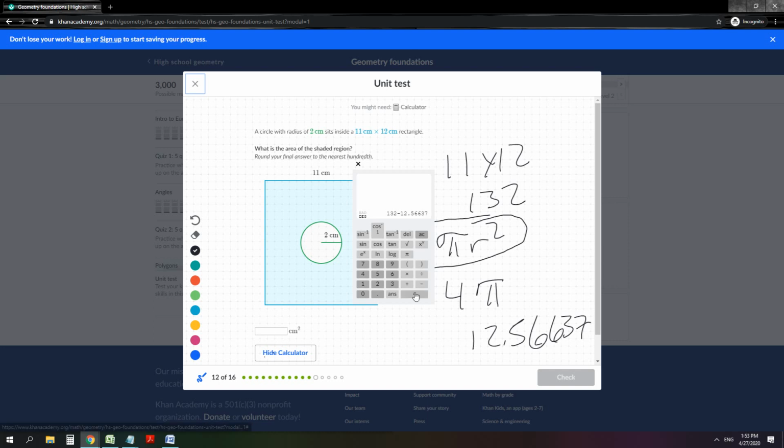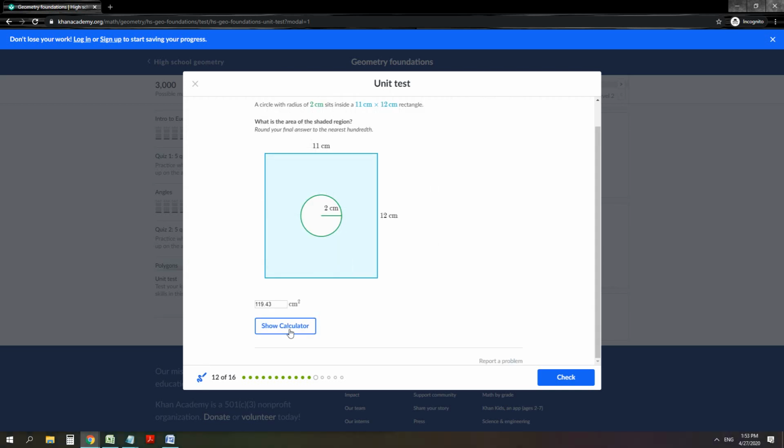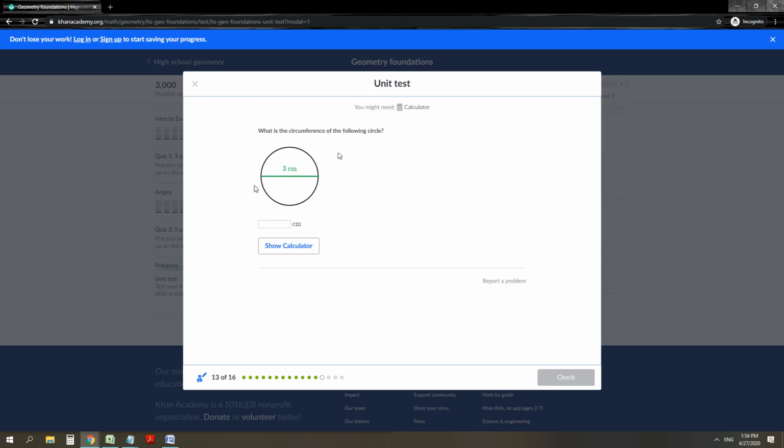I'm going that many digits because I want to make sure that when I round, I'm not screwing myself, okay? 119.43. And let's get rid of the drawing and hide the calculator. 119.43, check.